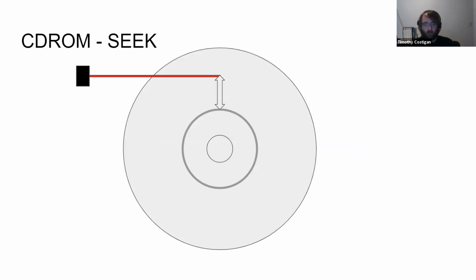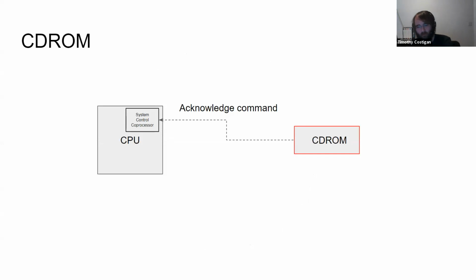On a CD, you have various sectors, and the laser might not be anywhere near them, so it has to move, which can take, I guess, a few milliseconds. Once it gets the request, it would send an acknowledgement back, which will cause an interrupt on the CPU, and then the CPU handler would either check the CD-ROM to see if it needed to do something, or would just continue about its day.